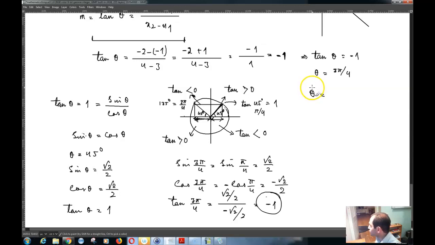Between the x-axis and the line joining.